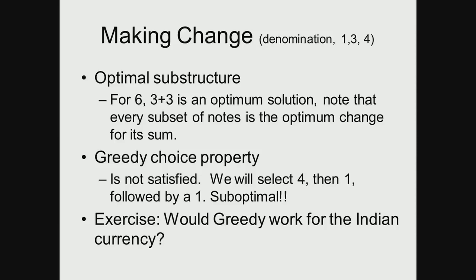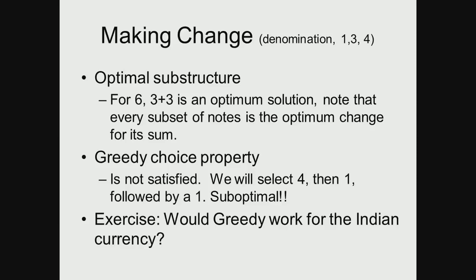So, in this case every subset is just the node 3 itself, which is the optimum change for itself. So, this is easy. The greedy choice on the other hand is not satisfied, as we have already seen. We will select 4, then we selected 1 followed by a 1 and this turned out to be suboptimal.